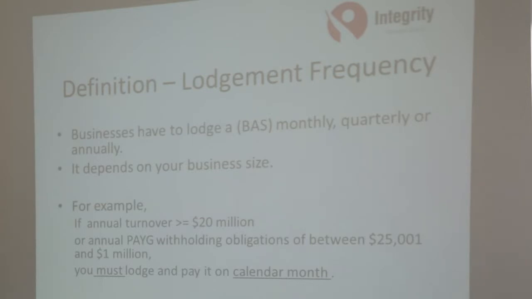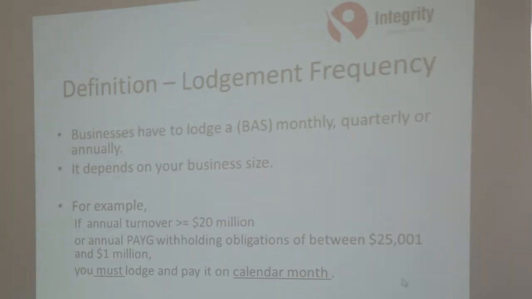But there are some compulsory rules. For example, if your annual turnover is more than 20 million, or your annual PAYG wage withholding obligation is between 25,000 and 1 million, then you have to lodge your BAS based on calendar months.